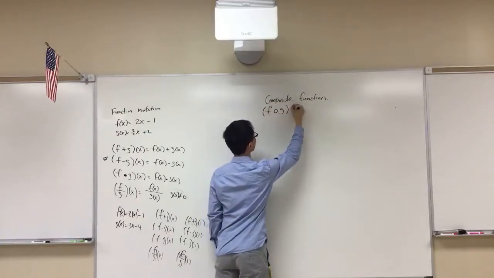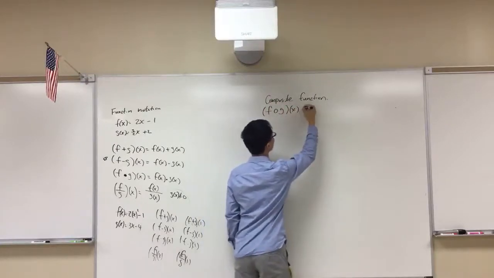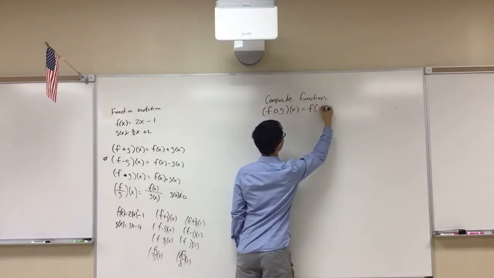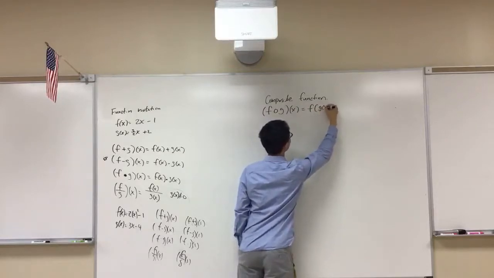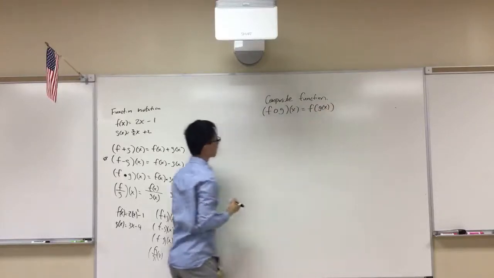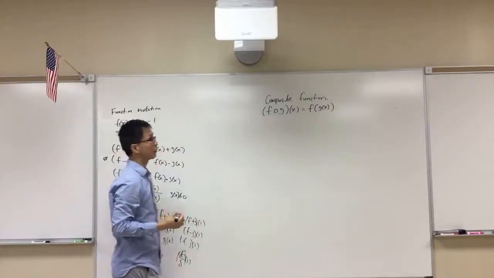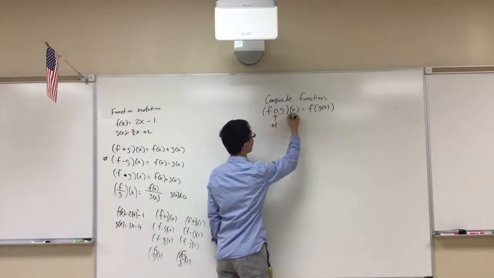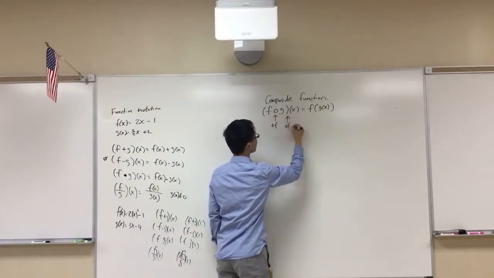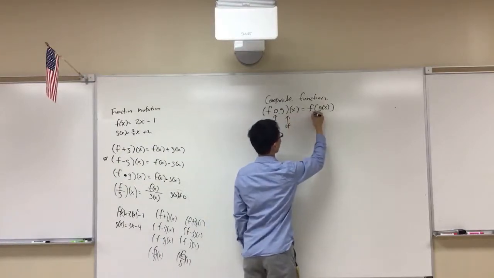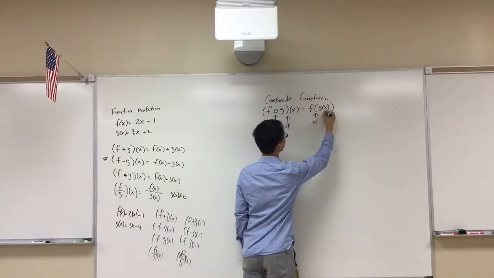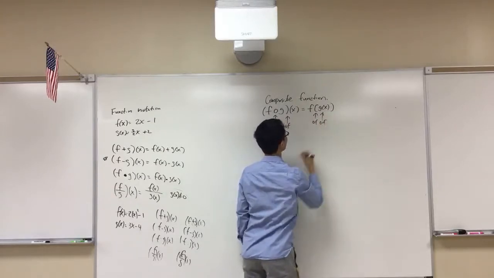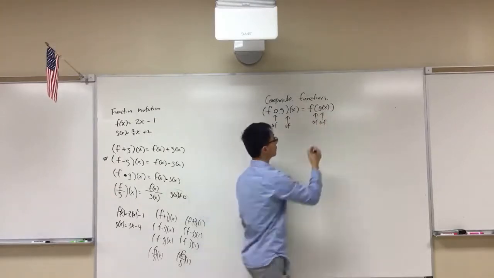It's called f circle g functions. Fog is f of g of x. This is how I read them. Every time I see a circle, that's f. Every time I see a parenthesis, it's f. So that is going to be f of g of x. This is how I read it.